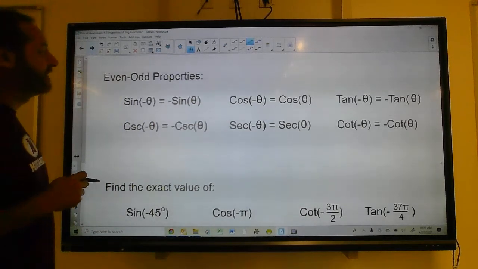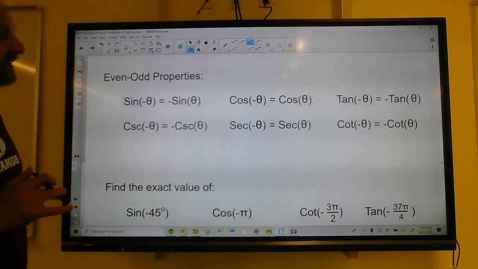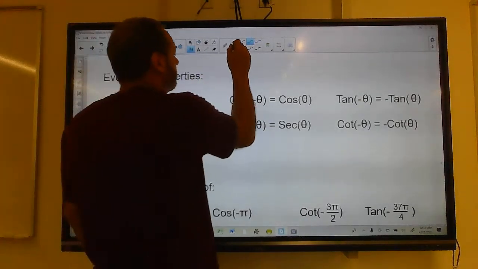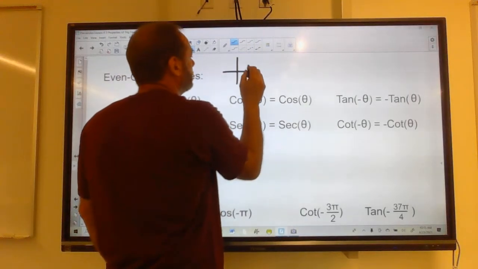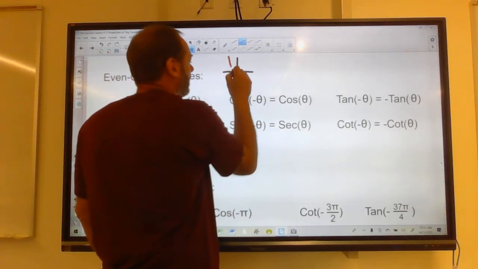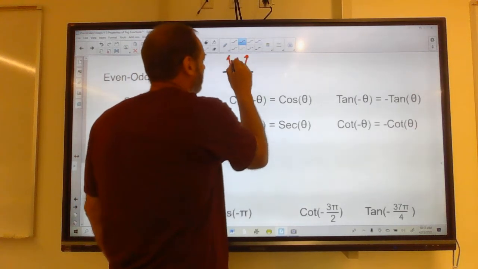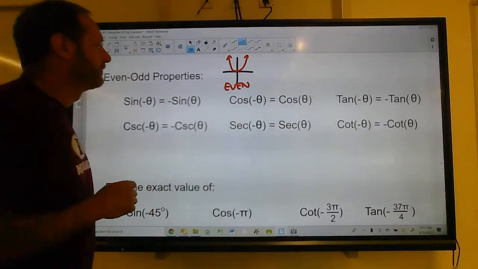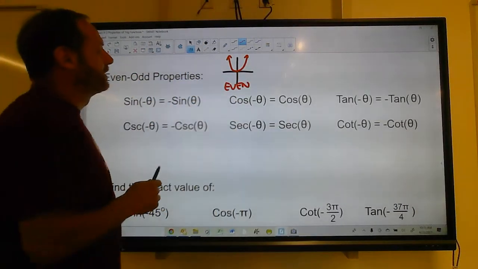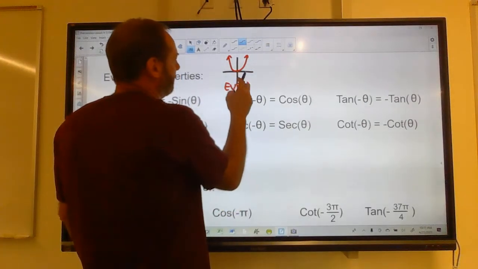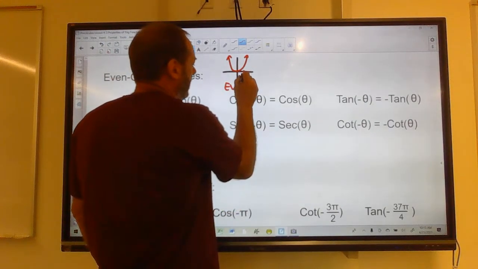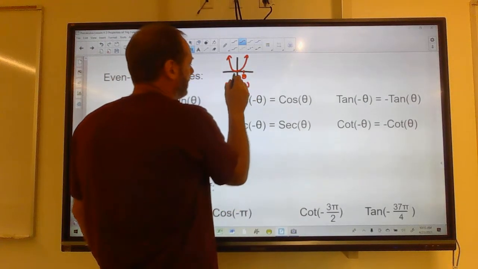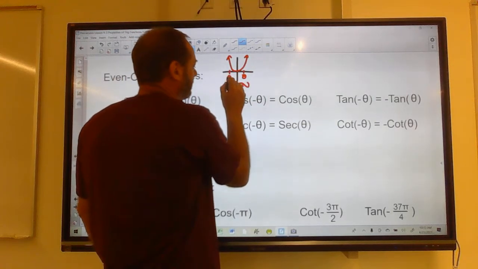They're called even-odd properties because, if you remember, even functions are symmetric to the y-axis, like x squared. That means if I have an answer for a theta over here, I get the same answer for negative theta.